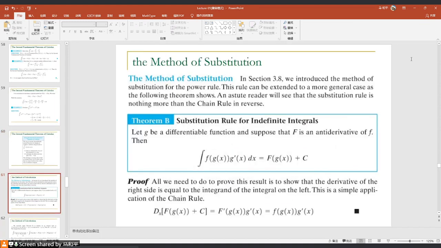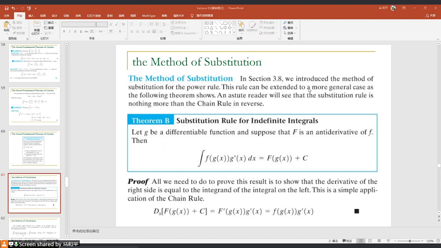Okay. Now, in the indefinite integral lecture, maybe lecture 3 or lecture 4, we calculated indefinite integrals. We used the method of substitution. And today, for definite integrals, we still have the method of substitution.